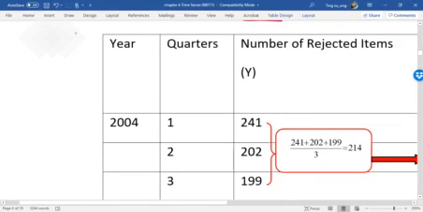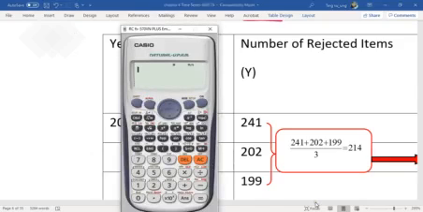Take out your calculator as well. In this question you must remember that for each of the data you can only use the calculator to find it manually.